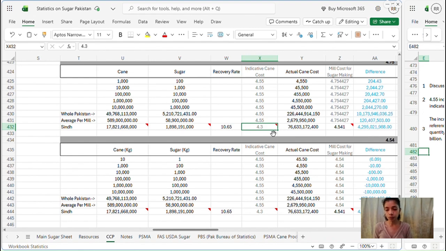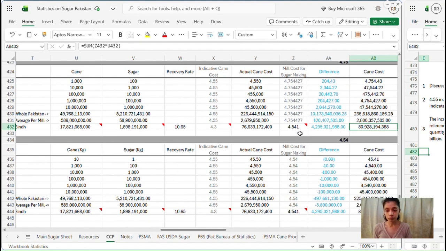With 4.3 rupees per kg, the actual cane cost is 76 billion. The cane cost for 17.8 billion kgs of cane is 76 billion PKR to purchase 17.8 billion kgs of cane.